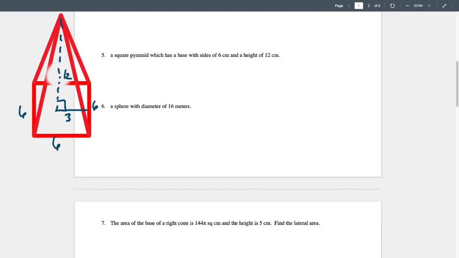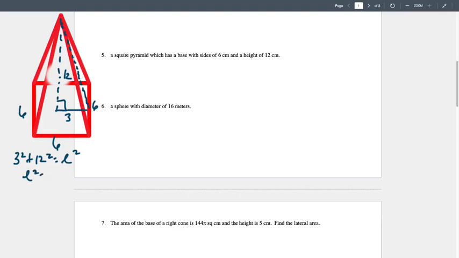All right, now you're going to need this lateral height, which is right here. And so to get that, we're going to have to do 3 squared plus 12 squared equals our c squared, or really our lateral height squared. And so that's going to be 9 plus 144, which is going to give us 153.